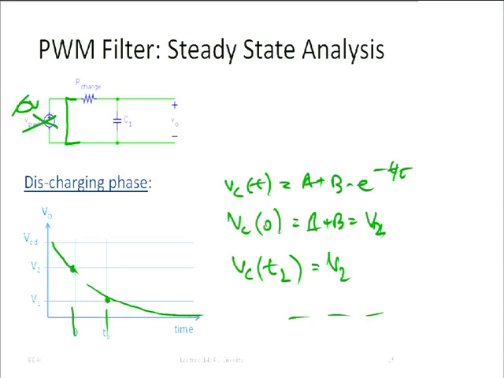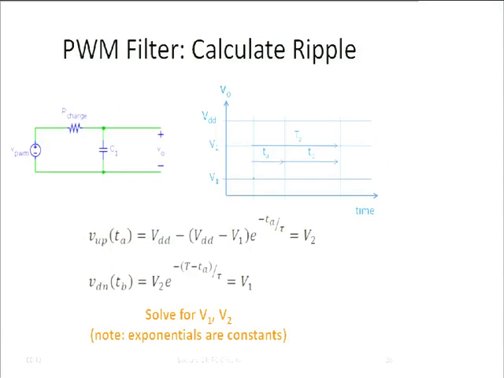All right. So then afterwards we can put these two together, right? We know now that during the first phase we are charging, during the second phase we are discharging, and these are basically the solutions with these initial conditions plugged in. Now, what are the unknowns here? Well, the unknowns are V1 and V2, right? We know the time constant.